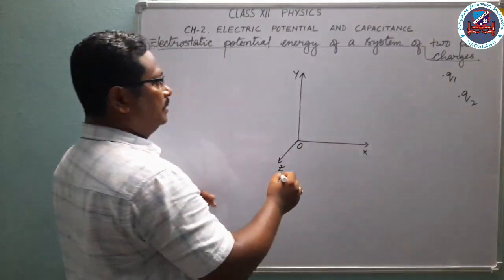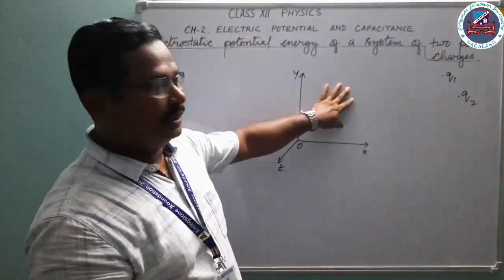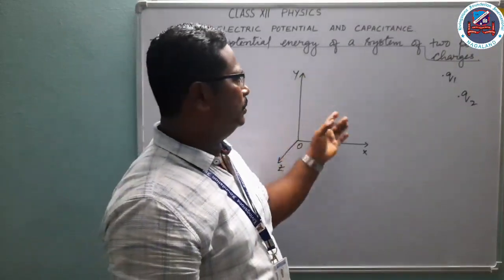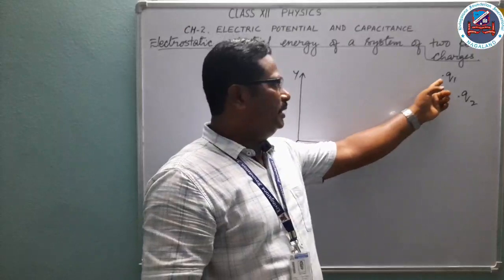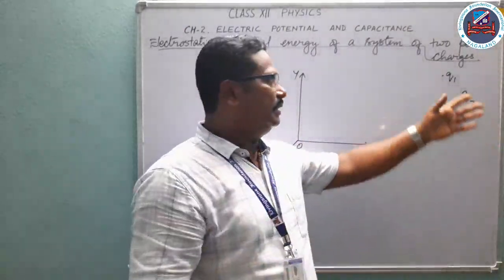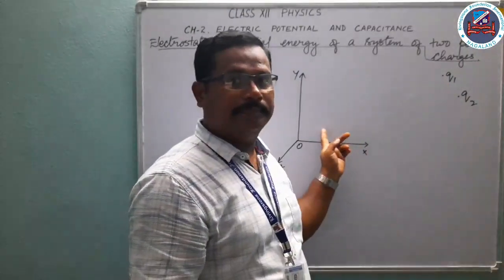This is the origin. Then it will become a little bit easier. We are going to do it in the xy plane. I am going to build a system here. The way I am going to develop it is, I will bring those charges from infinity. These two charges are present at infinity. I am going to bring them one by one into the system.